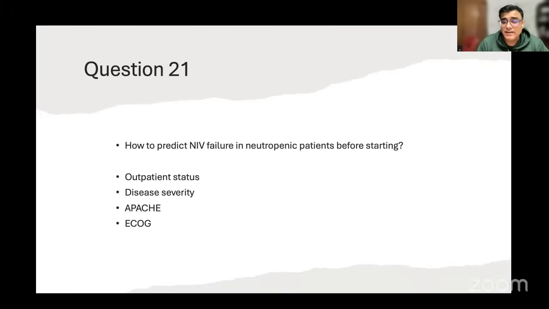In most of those studies, disease severity was a common factor, in other terms a high Apache score or high SOFA score. If those are the options, they become a good choice. So here, Apache score would probably have been the correct answer.